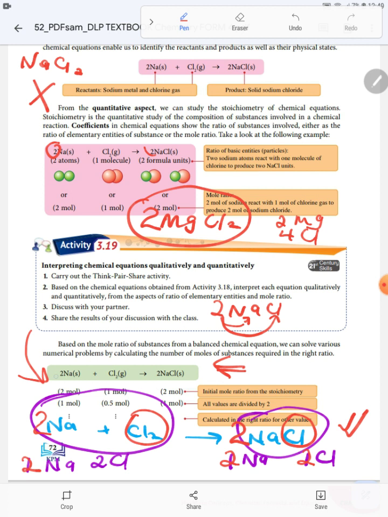I repeat, 2 mole of sodium atom react with 1 mole of chlorine molecule, we produce 2 mole of sodium chloride. That is how kita nak baca chemical equation. Okay, right.